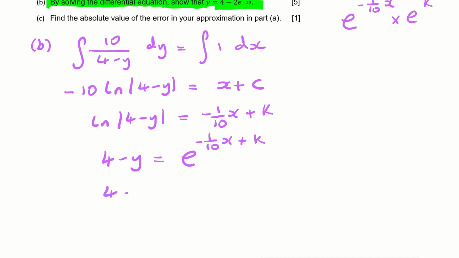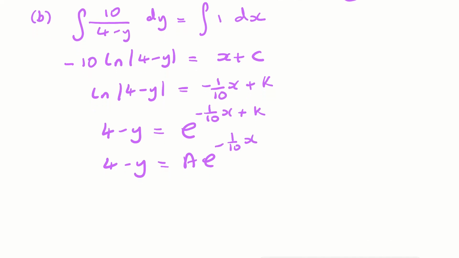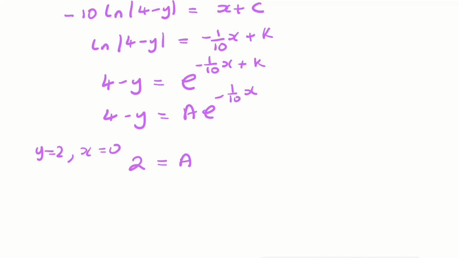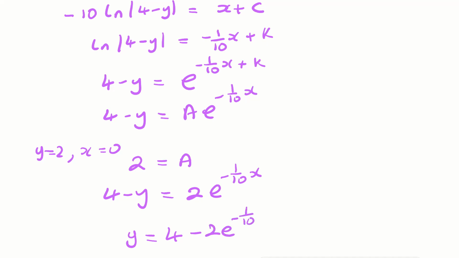And so 4 minus y is a e to the negative 1/10 x. And then we can use that y is 2, x is equal to 0, giving us 2 is equal to a. So 4 minus y is 2e to the negative 1/10 x. And we can rearrange that to y = 4 minus 2e to the negative 1/10 x as required.